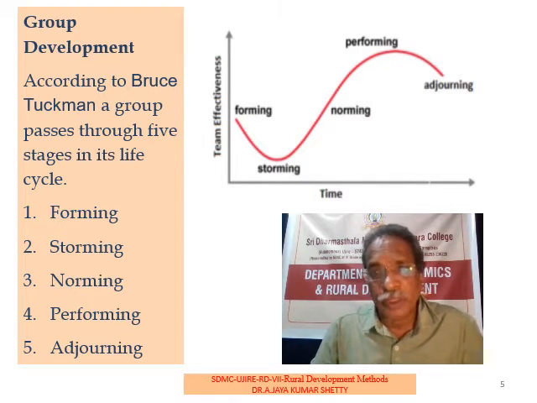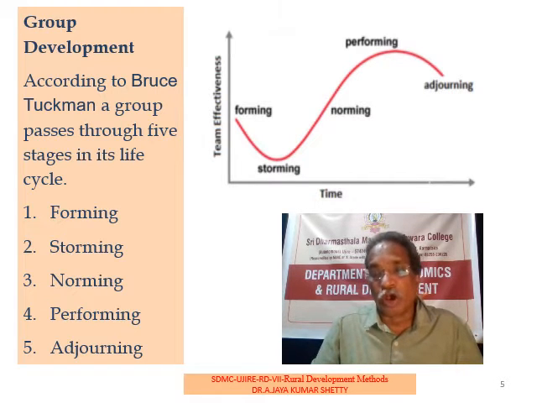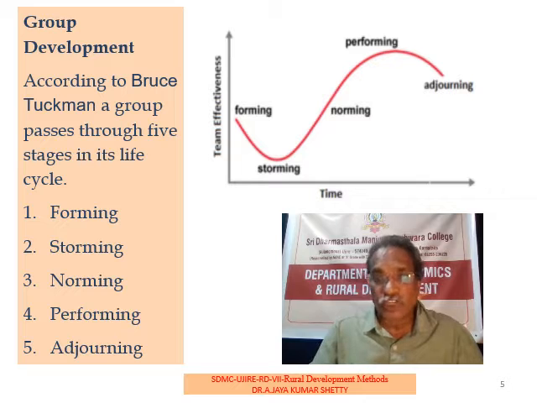The forming, storming, norming, performing model of group development was first proposed by Bruce Tuckman in 1965, who said that these phases are all necessary and inevitable in order for a group to grow, face up to challenges, tackle problems, find solutions, plan work, and deliver the results.